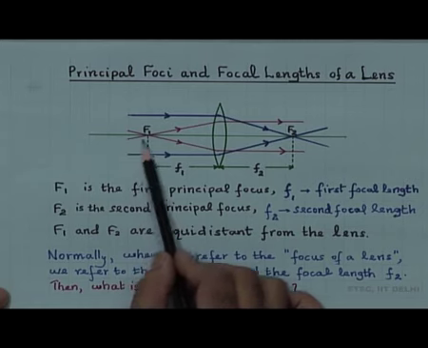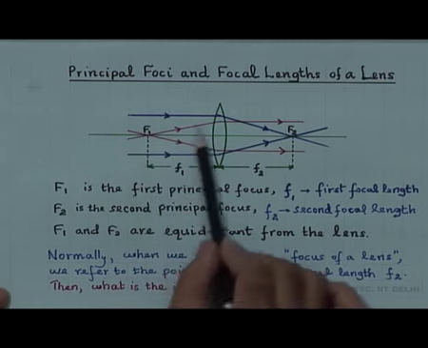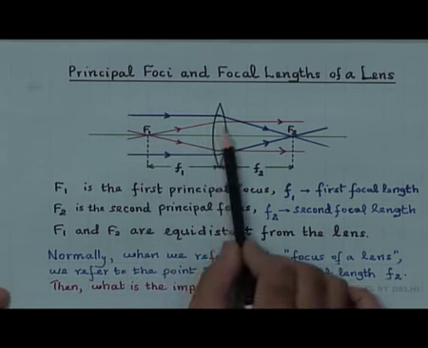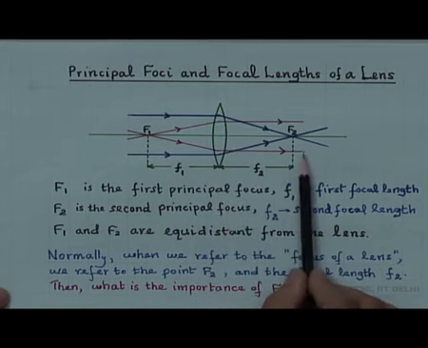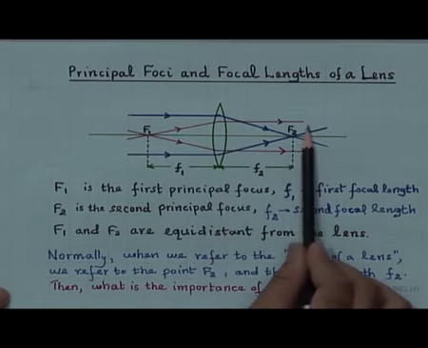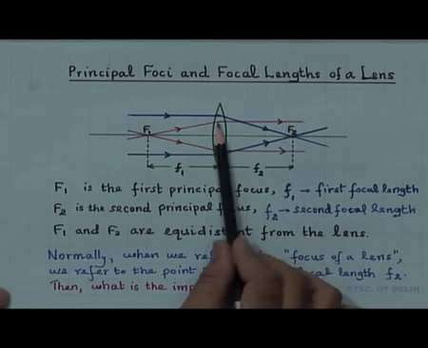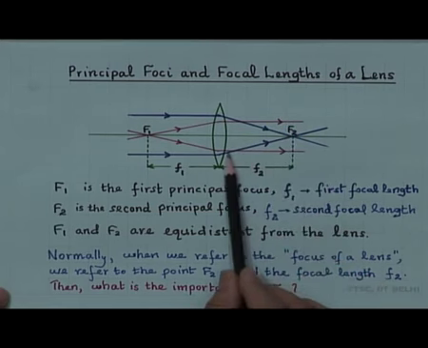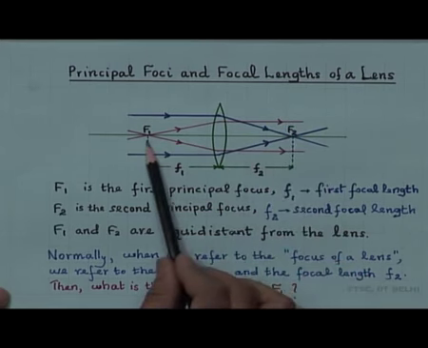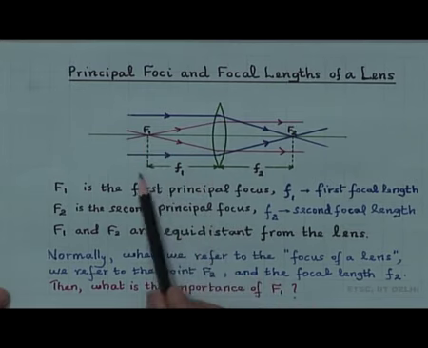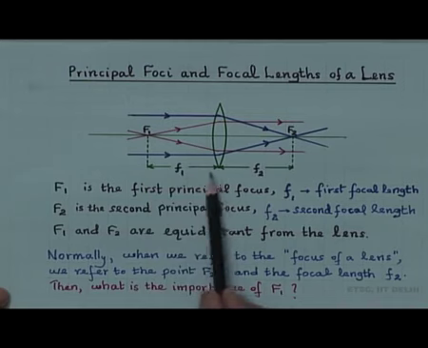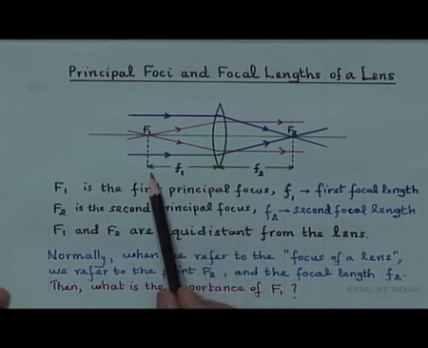Rays which come from the first principal focus F1 will be rendered parallel, because if light were to travel from here, that is from right to left, then it would have focused to this principal focus point F1, and this is what we saw in the earlier slide. The focal length is called f1.